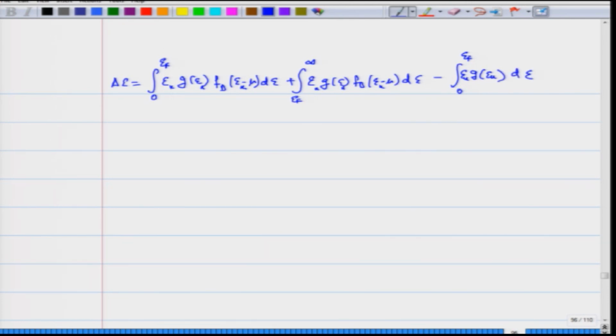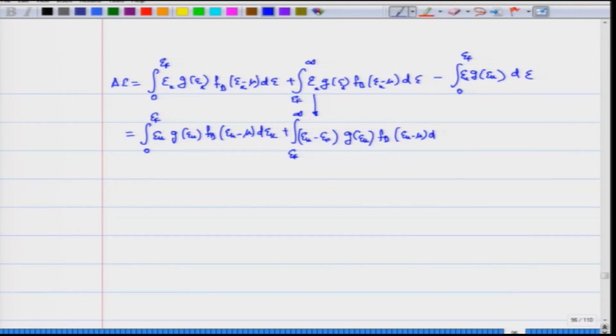And this I can rewrite as the integral from 0 to EF of Ek G(Ek) F_D (Ek minus mu) dEk plus the integral from EF to infinity of (Ek minus EF) G(Ek) F_D (Ek minus mu) dEk.